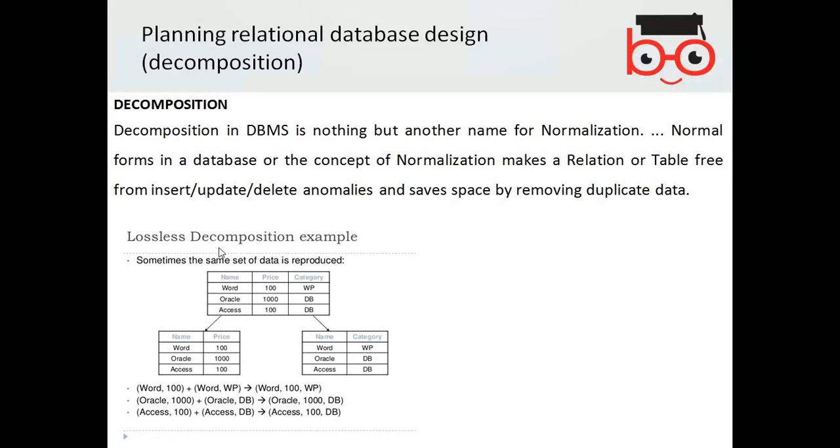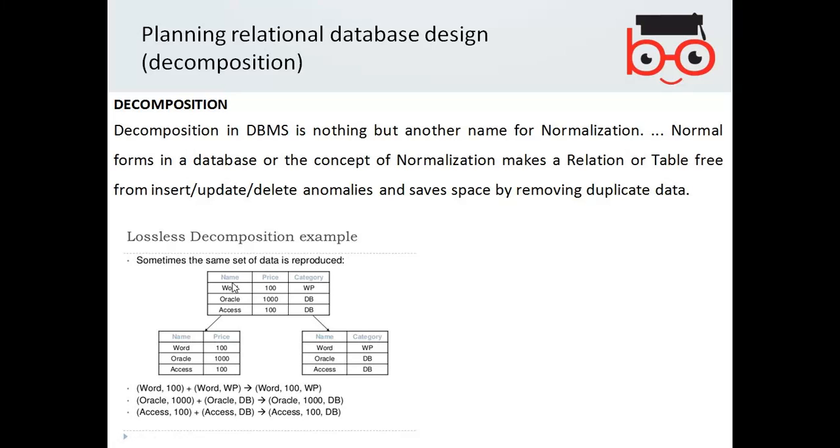So, a lossless decomposition example: sometimes the same set of data is reproduced, for example, name, price, category, and in order to reduce the prices of an item, for example, these prices, this table is not in the second normal form.